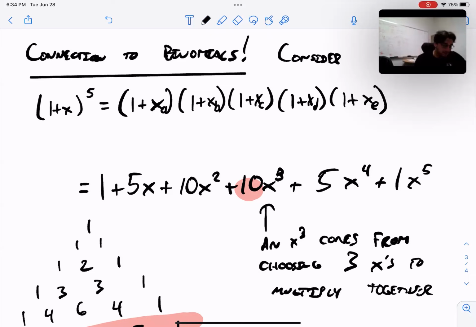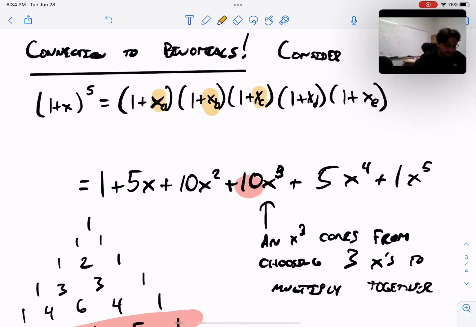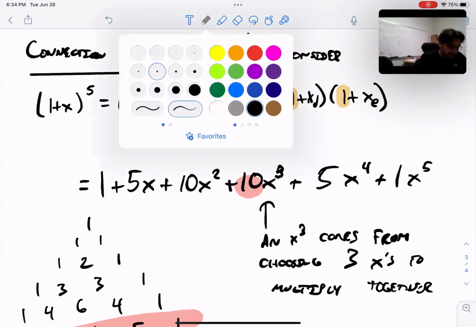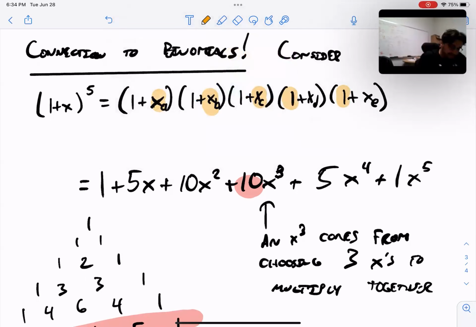So if I multiply, for example, x sub a times x sub b times x sub c times 1, that product gives me an x cubed, and that x cubed corresponds to a, b, c. Because I chose xa, xb, and xc, and I did not choose xd or xe to multiply together.